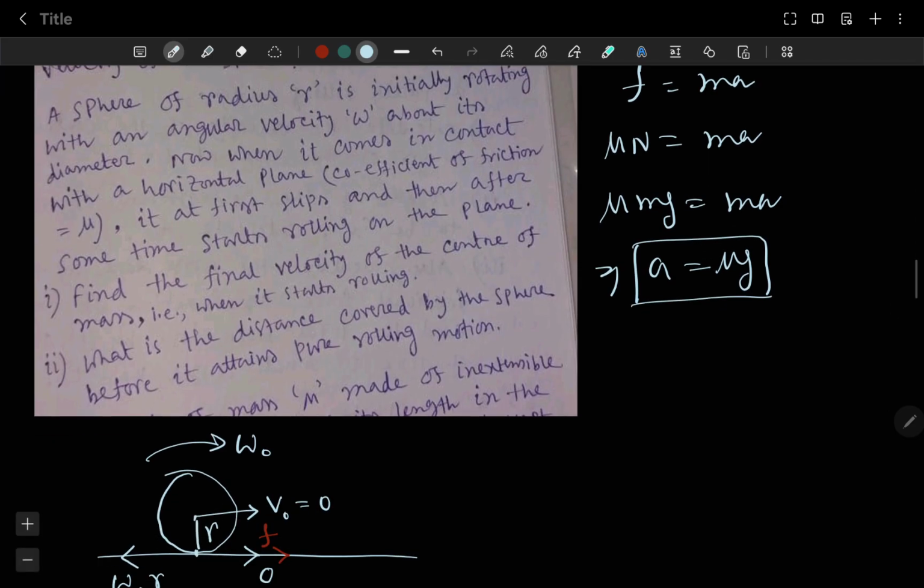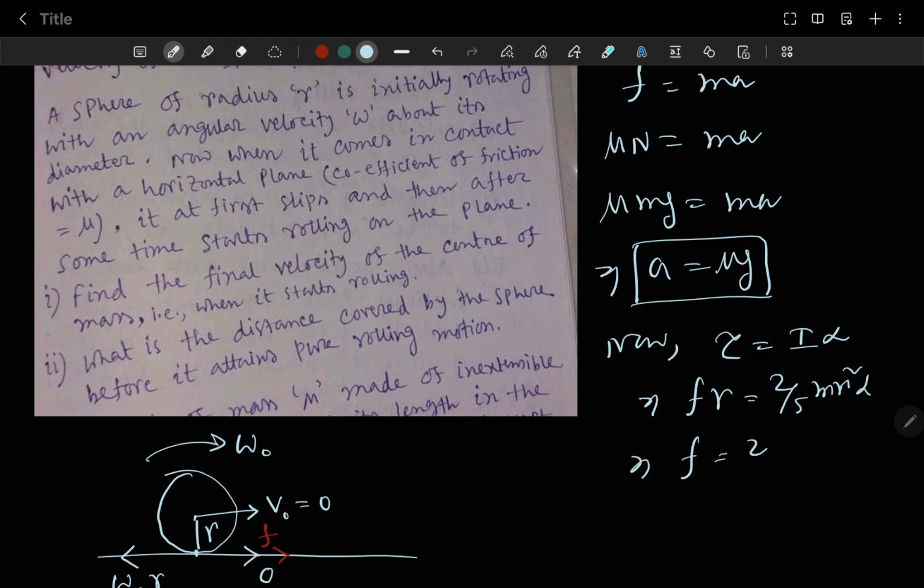And then write the equation of motion for rotation about center of mass. Tau is I alpha. So Fr, the torque about center of mass produced by the frictional force, is 2 by 5 mr square alpha. So it will be F equals 2 by 5 mr alpha.